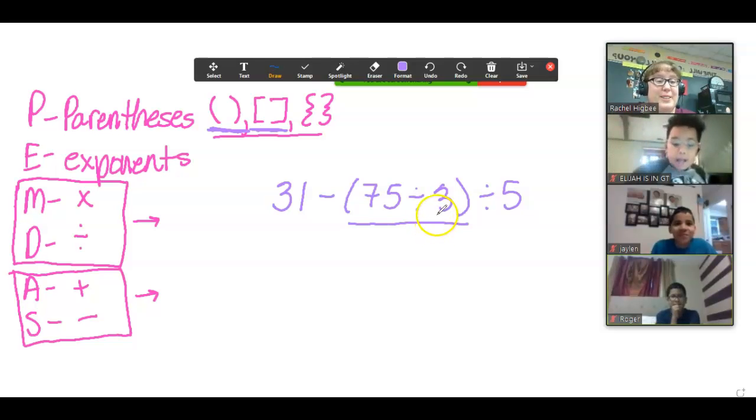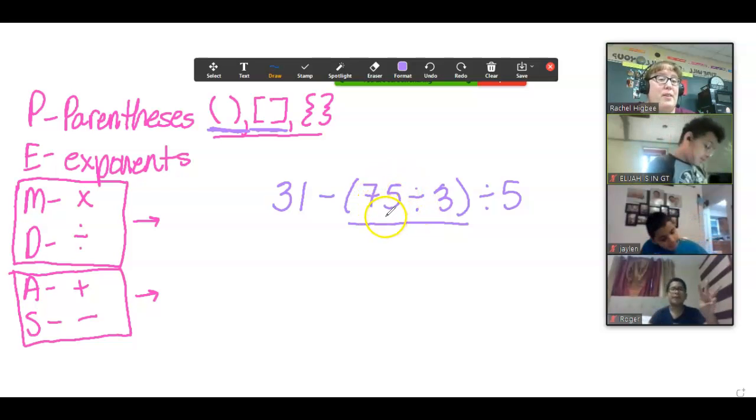Yes, Elijah, I can tell you figured it out. 25 cents. Yeah, because if you have 3 quarters, right? So if I have 75 cents in quarters and I have 3 people, that means everybody gets a quarter, right? So 75 divided by 3 is 25.